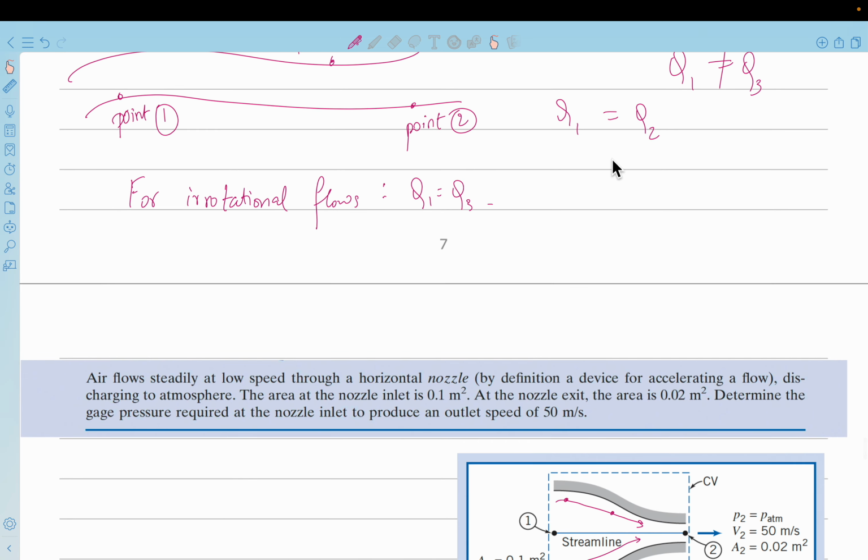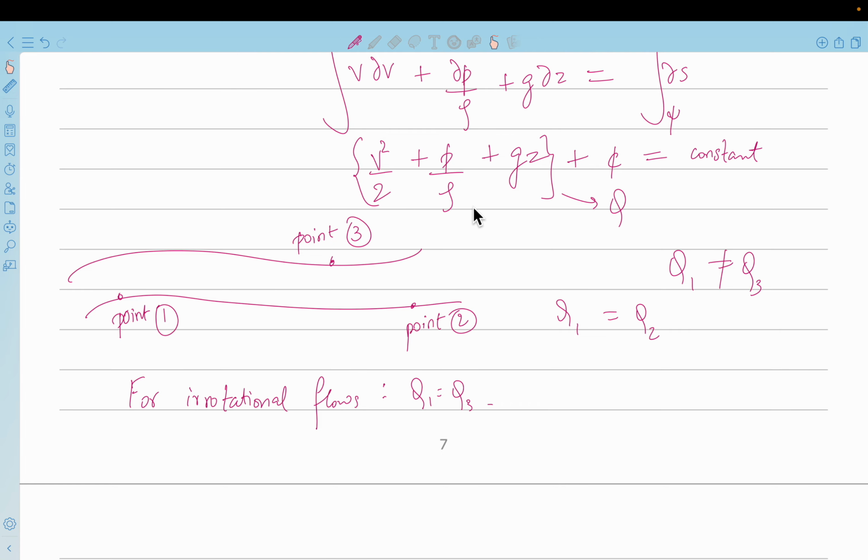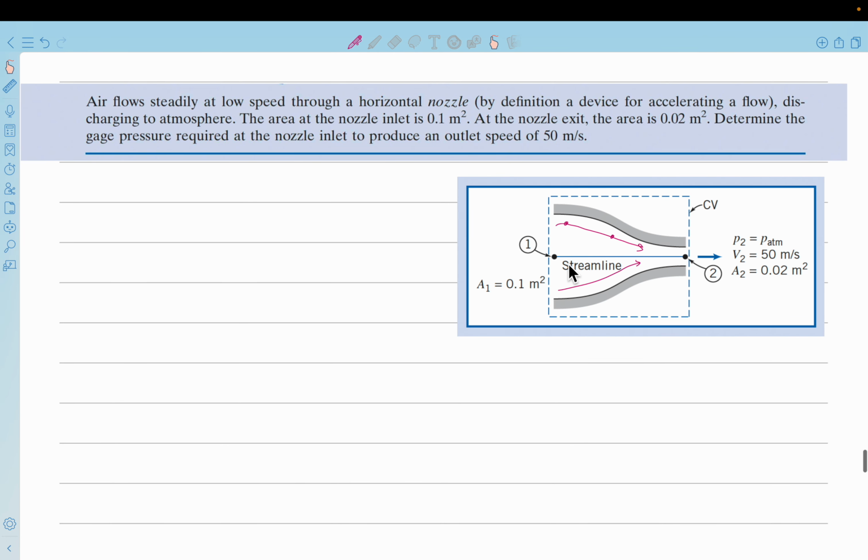this quantity that we just discussed, v square by 2 plus p by rho plus gz, is going to remain conserved, right? So I'm going to take the center streamline and apply Bernoulli's equation at this location 1 and 2. So let us write this down. P1 by rho plus v1 square by 2 plus gz1 is equal to P2 by rho plus v2 square by 2 plus gz2.